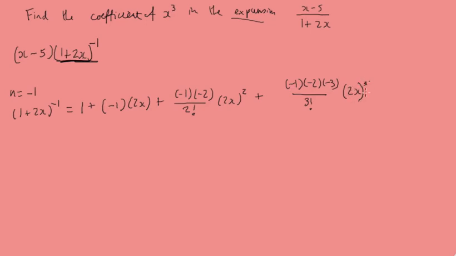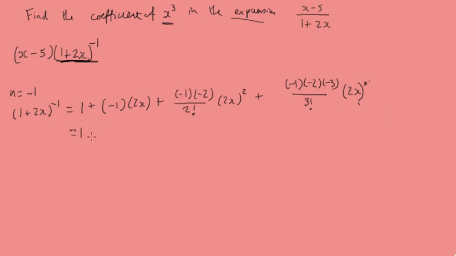Remember, it's cubed everything in here. Now we're wanting the coefficient of x cubed, so we're going to go up to get our x cubed coefficient, but we need to be careful because this expansion is going to be multiplied by this. So we're going up to here, but the answer to this part is not going to be the answer to the question.